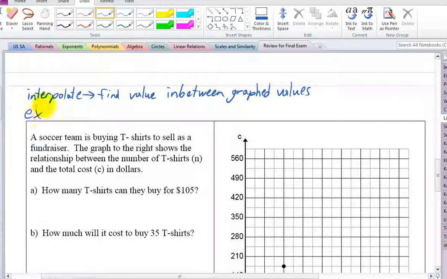And then we have extrapolate, and that's when you find values beyond graphed values.